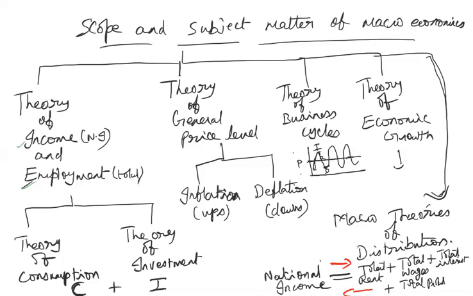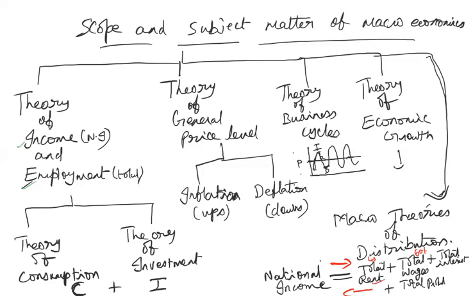So from this concept, we will know whether the national income of the country is evenly distributed or unevenly distributed. You will know how much percentage of national income is accruing to the landlords in the form of rent. You will know how much percentage is accruing to the laborers in the form of wages. To put it very simply, suppose we find out that 60% of the national income is accruing in the form of wages to all the laborers in the country, and only the remaining 40% is accruing in the form of rent, interest, and profit.